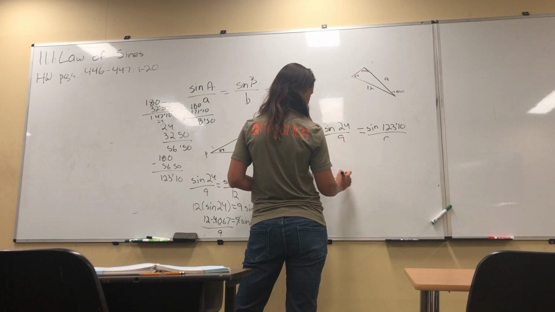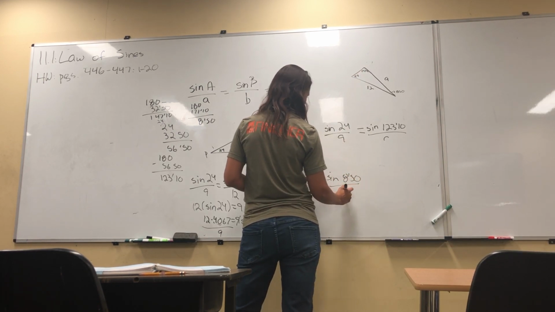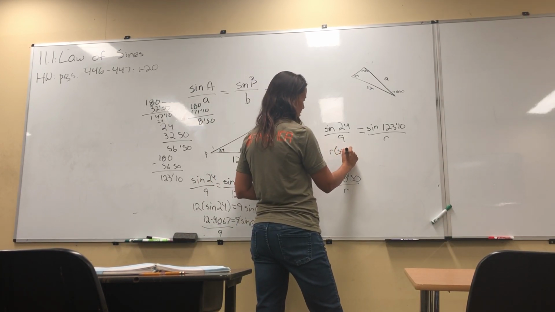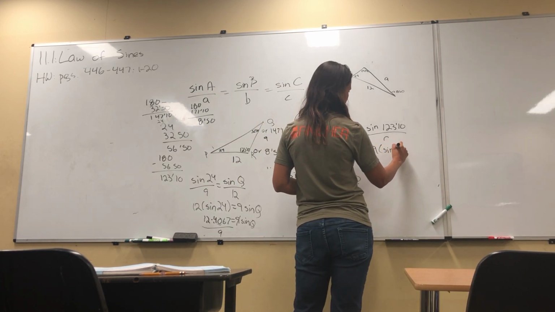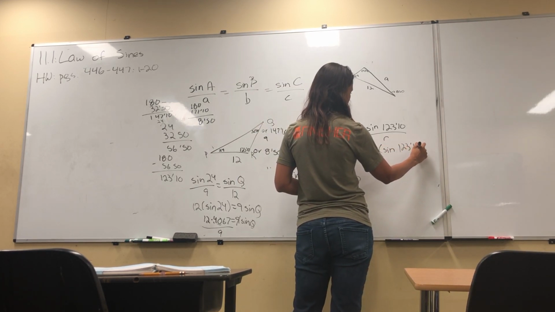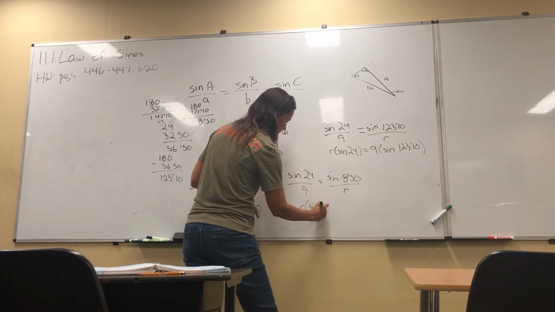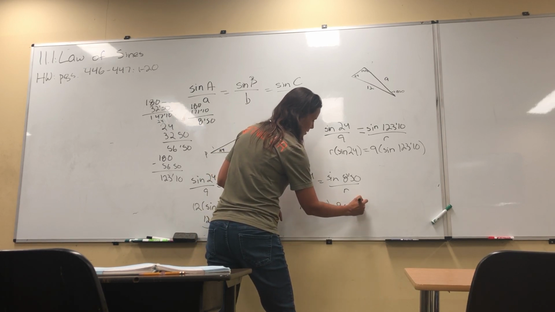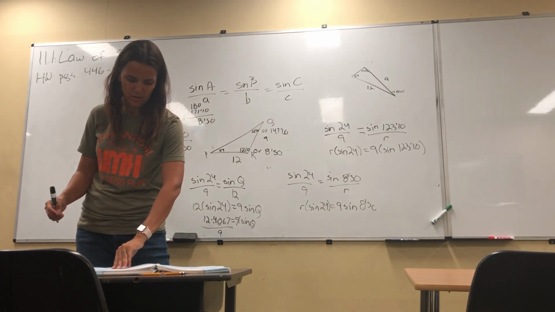Because we're trying to find that side. 8.50 over R. So, R sine of 24 equals 9 sine of 123.10. Here it's going to be the same with the R sine of 24, but it's going to equal 9 sine of 8.50. And I'm going to look both of them up in the back of the book while I'm at it.